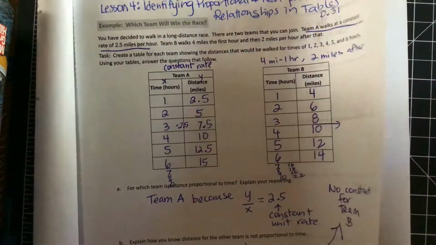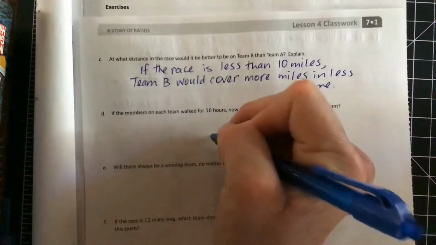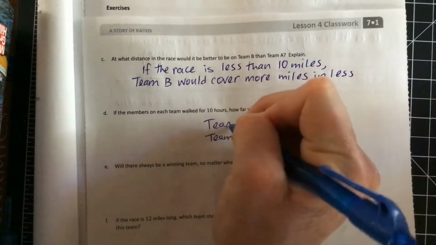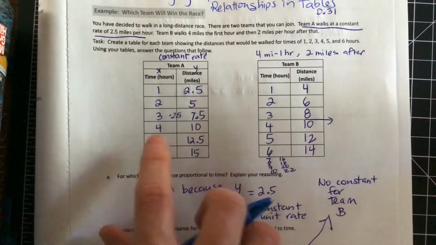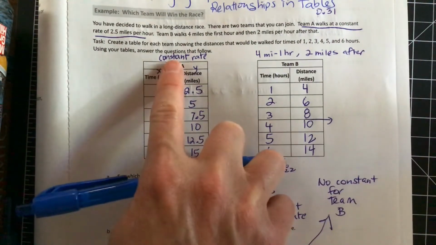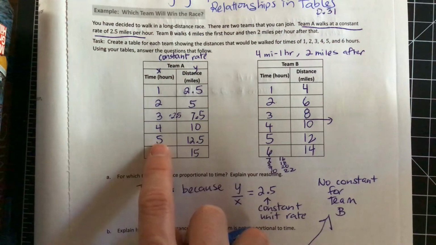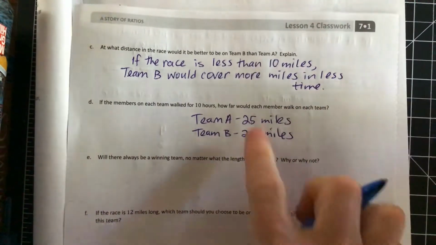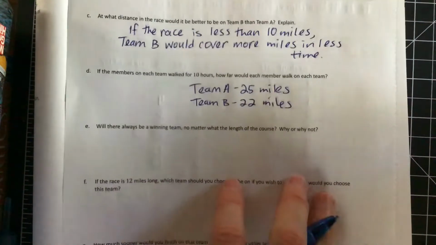So team B would be 22. And team A, for 10 hours, you already have 5 hours, so you can just double it. You can do that because we have a constant rate. So 10 hours would be 12.5 times 2, which is 25 miles. So you can see team A is better off if the race is longer.